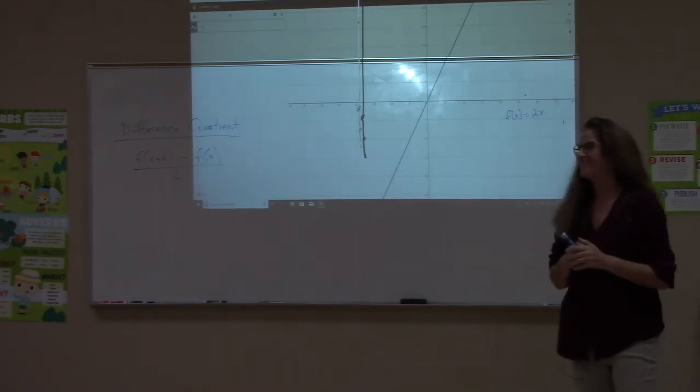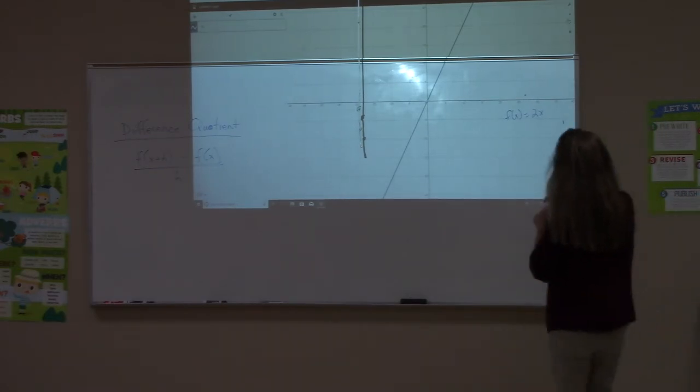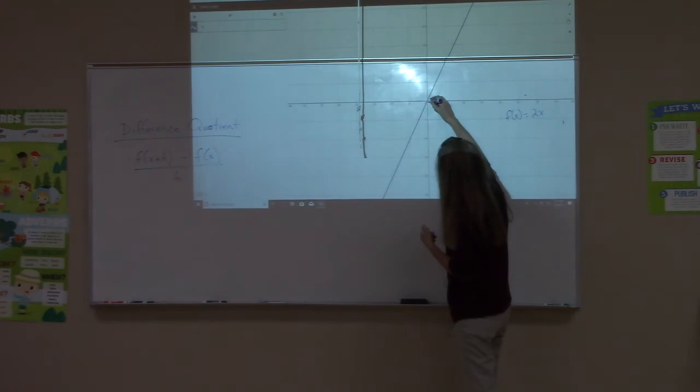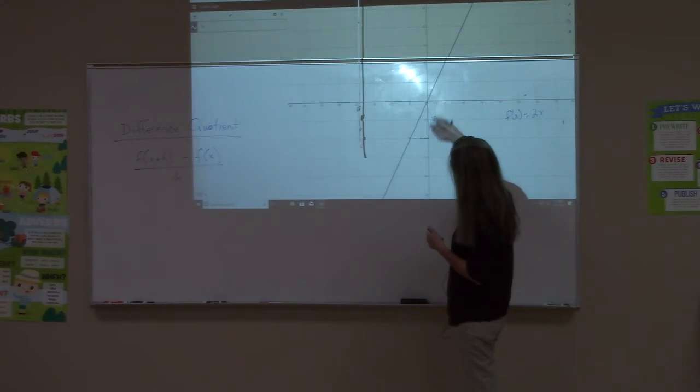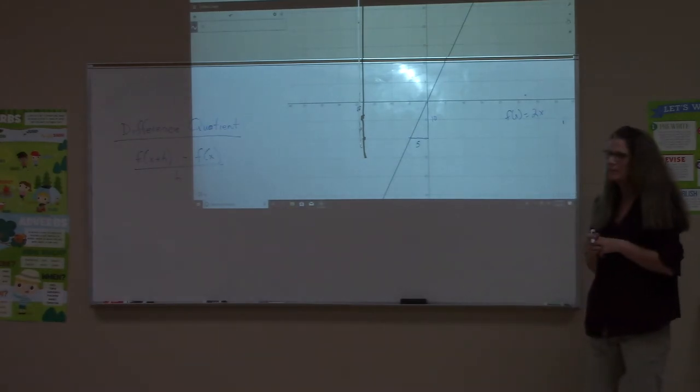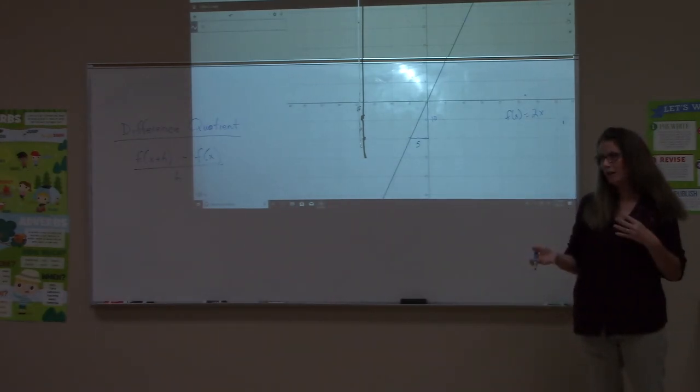So here's basically what this is. Remember when you were way back when you were young and silly and thought this was hard? We had 10 steps down or rise, and we had 5 steps over, right? That's where we get the 2, 10 divided by 5.